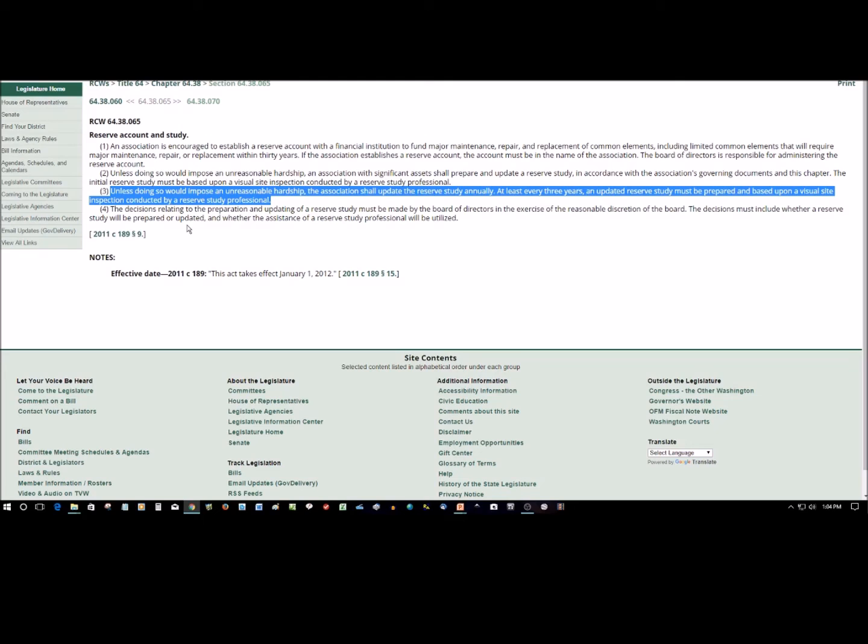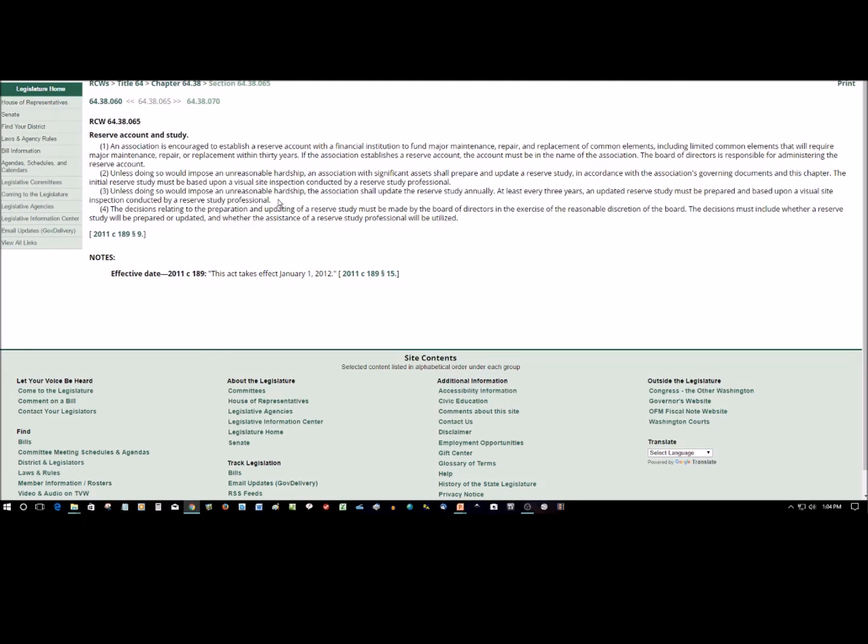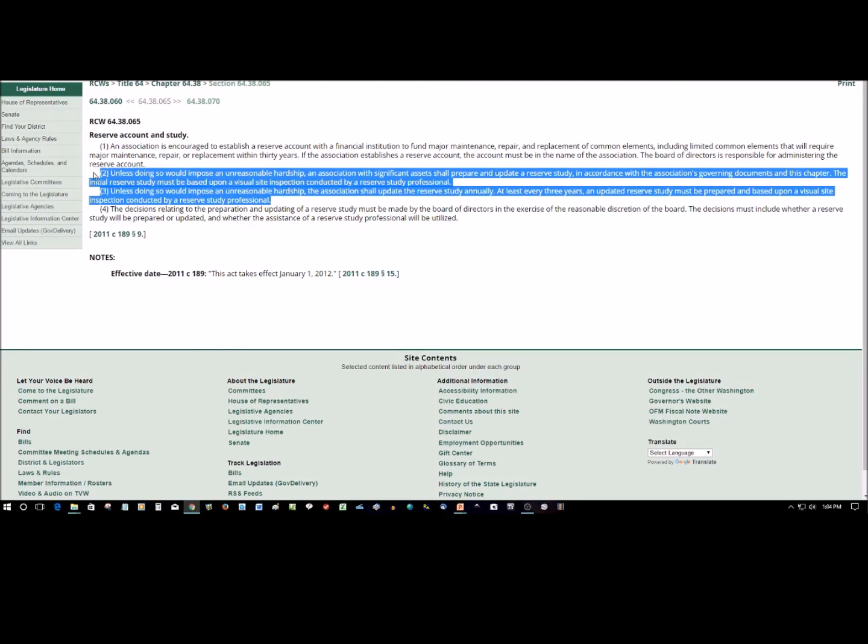So that's the question: does Washington state law require reserve studies? And yes, it does, unless doing so would impose an undue hardship. I would say that the vast majority of communities out there would not be unduly hardshipped by a reserve study.